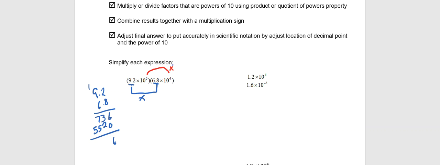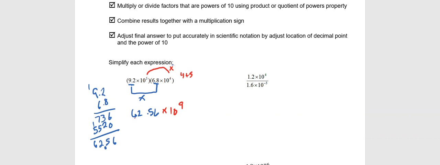Add our columns. We have a 6, we have a 5, 12, carry, boom. 62.5, and let's see, 2 decimal places, so 62.56. So I get 62.56 times 10, and because it's 10 to the 5th times 10 to the 4th, it's just going to be, let's see, 4 plus 5, 10 to the 9th.